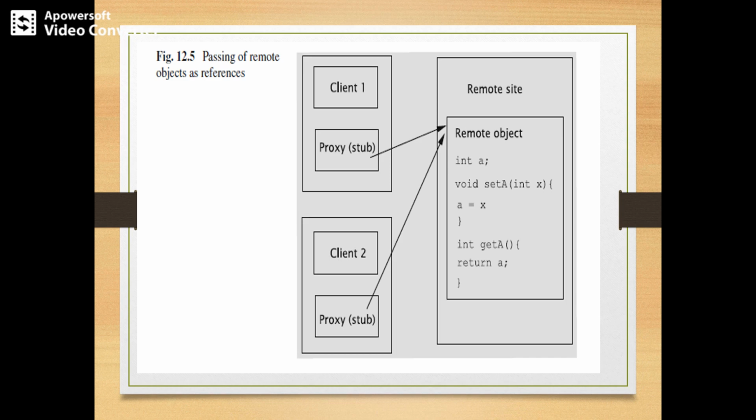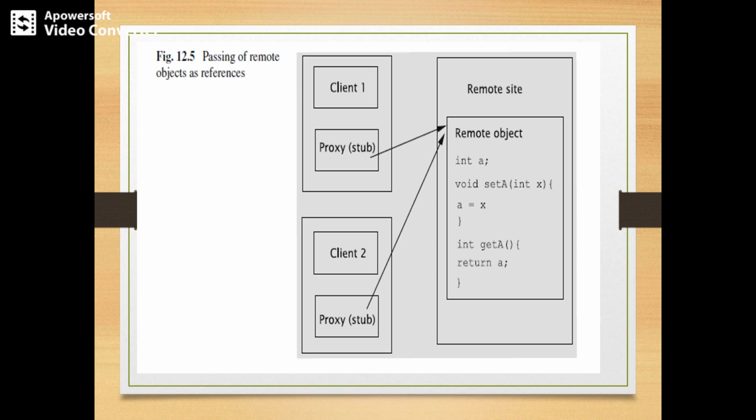So we have client machine 1 and client machine 2. Both client machines will have access to this remote object through proxy stubs, one for client 1 and one for client 2. Suppose that client 1 invokes the method setA with the parameter 5.